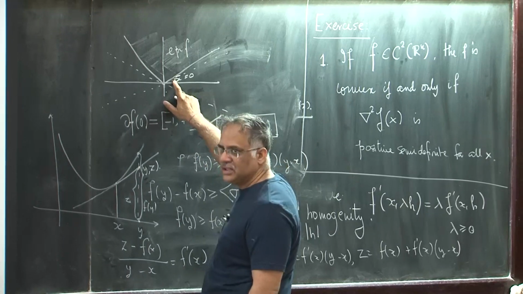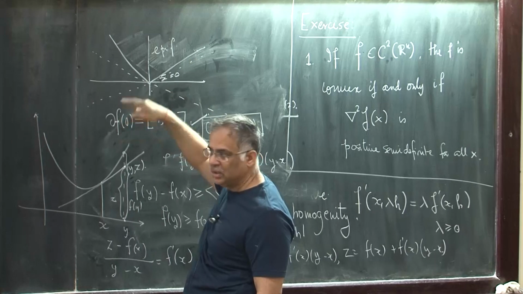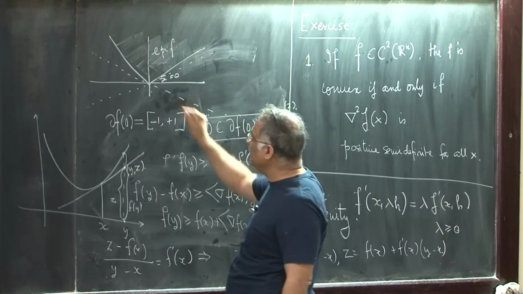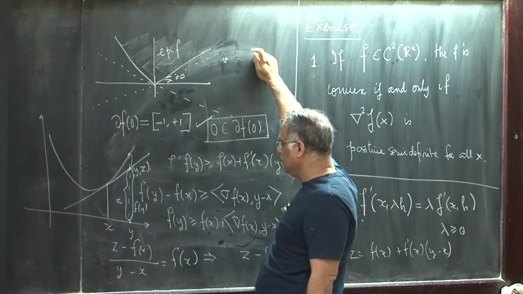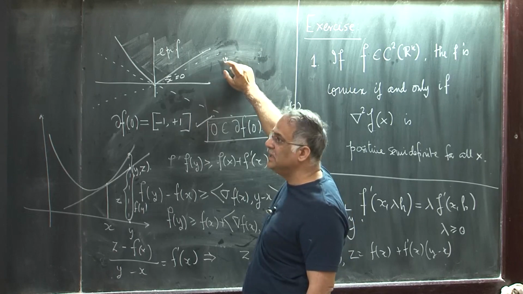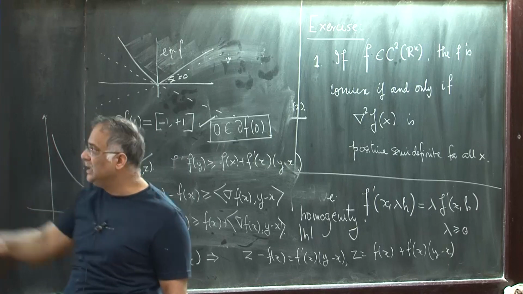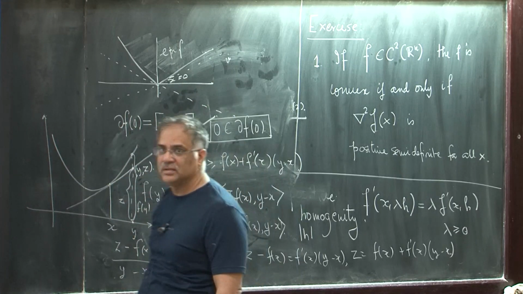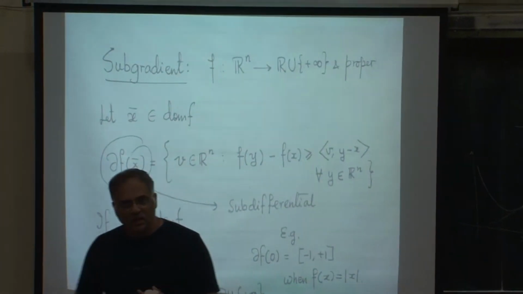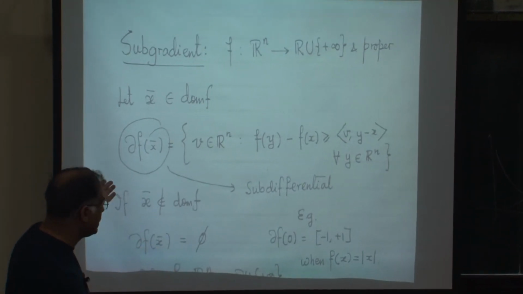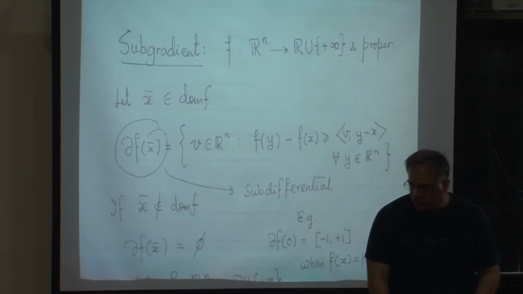Whatever be the slope of the tangent, if you write down the equation of the tangent line exactly in the same way as we did here, take any supporting hyperplane and assume that the slope of that line is v, then you similarly get this expression. But there is not only one tangent line, there are many tangent lines. For all of those v's, this will be true. So the collection of all those slopes of those tangent lines is actually the subdifferential. Let us show another example.